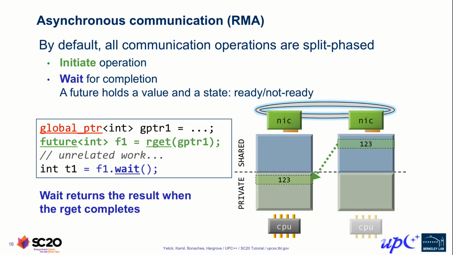This picture on the right shows that the data, the 123 value that's living in the global address space, is being copied over into the private part of the address space in the executing processor. Once that happens, there's also information stored that it's ready and the wait will complete. So ideally, you're doing enough unrelated work that you don't worry about the latency at all, because by the time you've finished your work, the wait will be immediate.